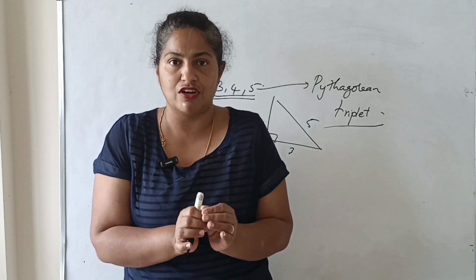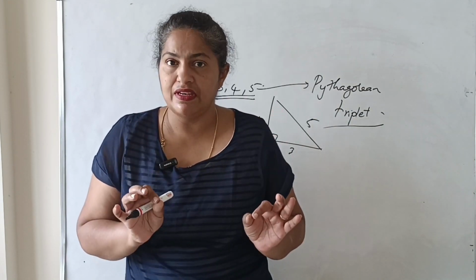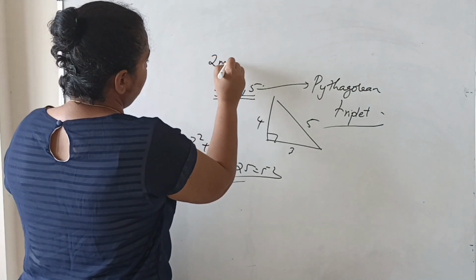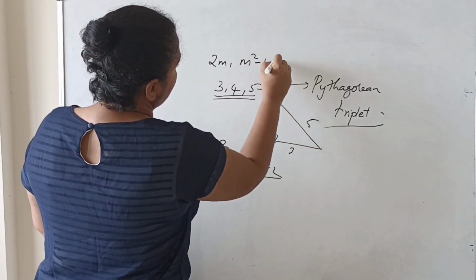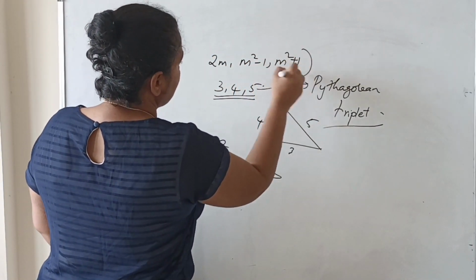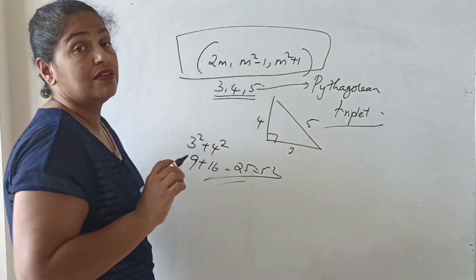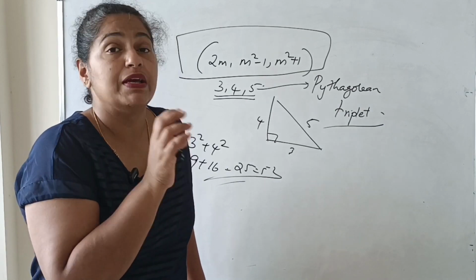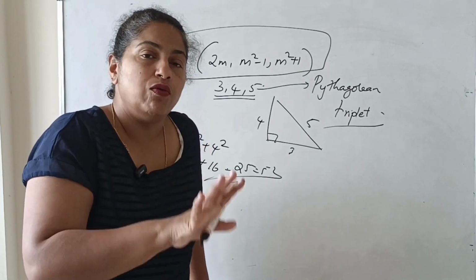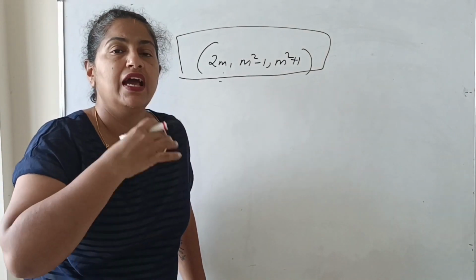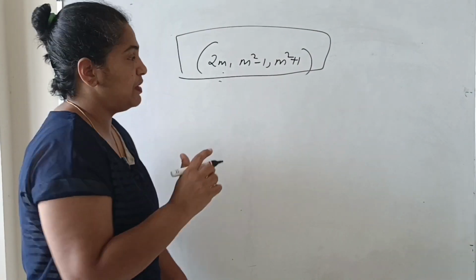Now there is a general formula for the representation of a Pythagorean triplet, which is given by 2m, m square minus 1 and m square plus 1. This is a general representation of a Pythagorean triplet or a set of Pythagorean numbers. Now, depending upon the value of m, we can have different sets of Pythagorean triplets.